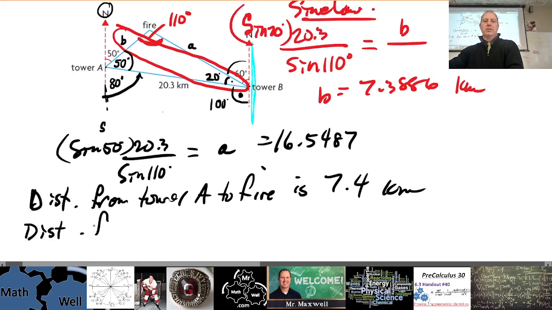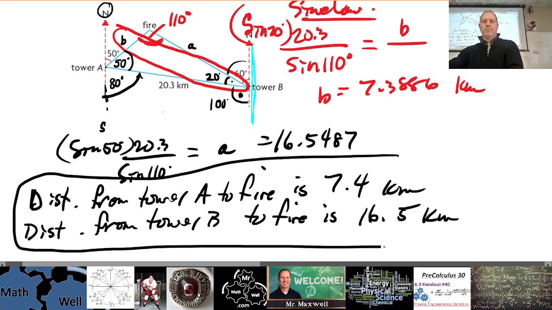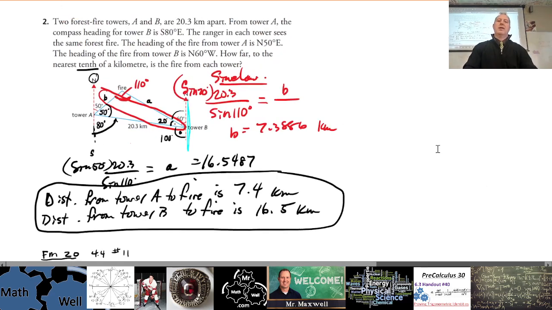And the distance from tower B to the fire is 16.5 kilometers. Write that out as a word sentence for a word problem. Please identify and circle your answers there. I still like all the answers being circled, so please make sure you do that.